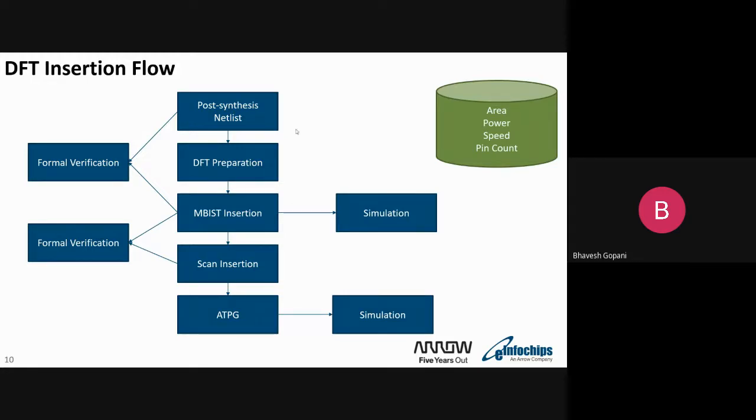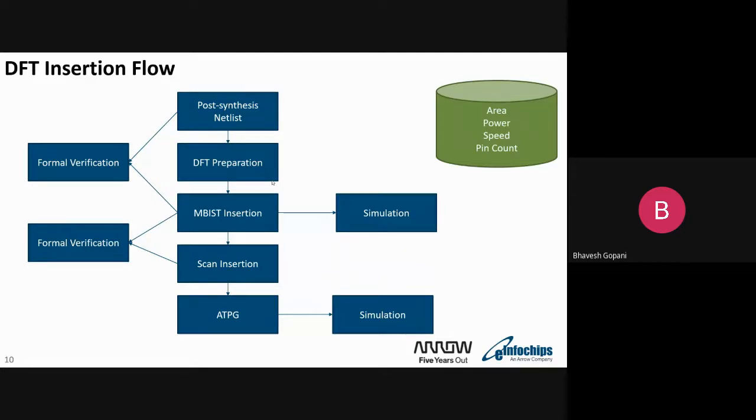Now DFT starts, as we know, from the synthesis netlist, and then DFT preparation. Here also it's a kind of specification for DFT insertion, we can say. We need to be prepared for the DFT insertion. So what criteria, specifications, or certain configurations do we need to keep in mind when we are starting the DFT?